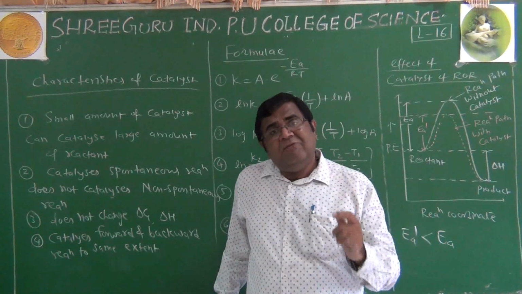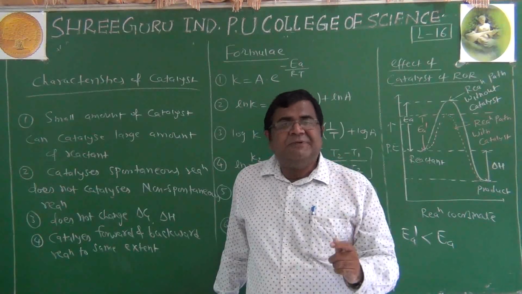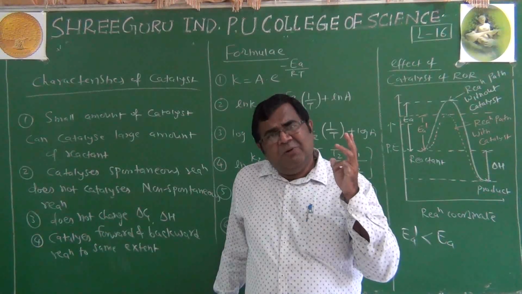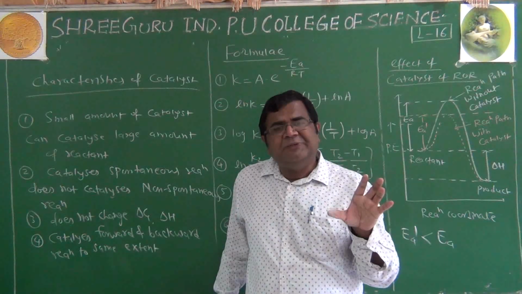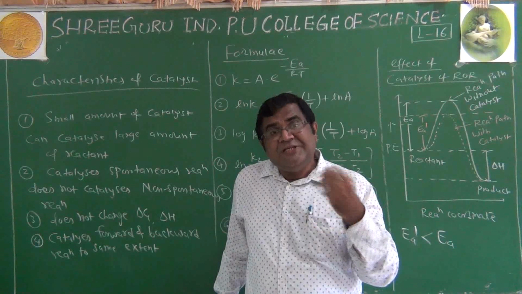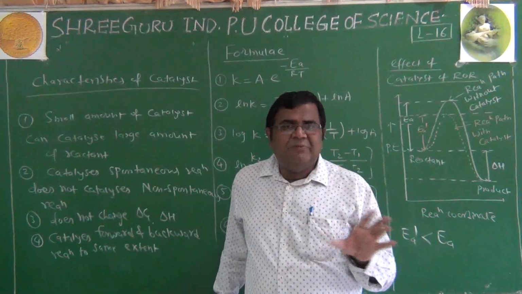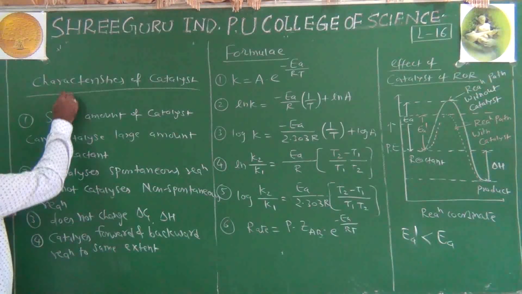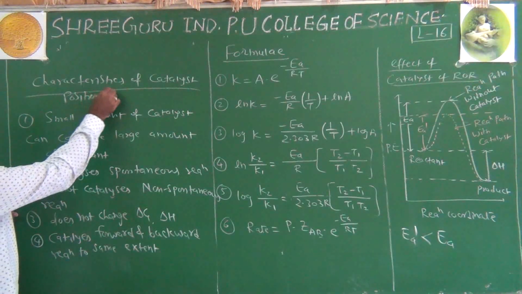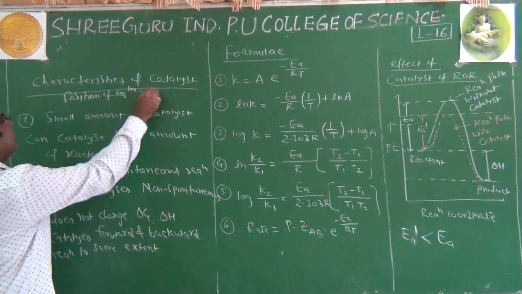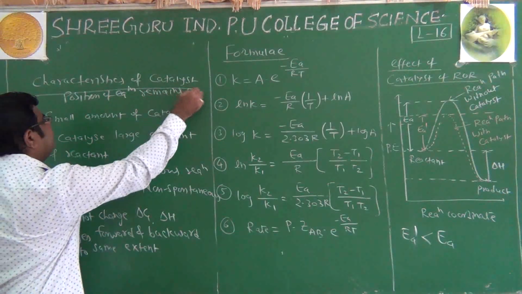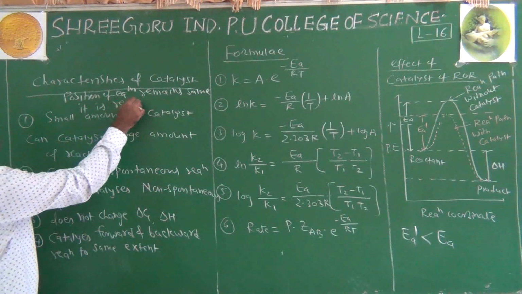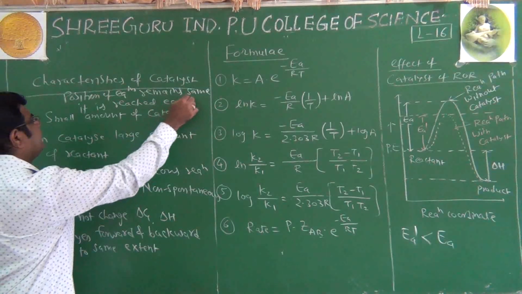That's why in equilibrium, when we were learning Le Chatelier's principle, we changed the temperature, we changed the pressure, we changed the amount of reactant and product to disturb the equilibrium. But we never used the catalyst to shift the position of equilibrium. So we can say that the position of equilibrium remains the same. It is reached earlier.